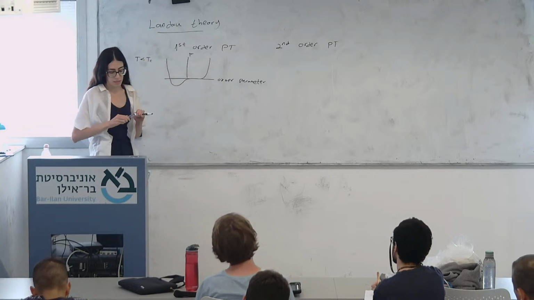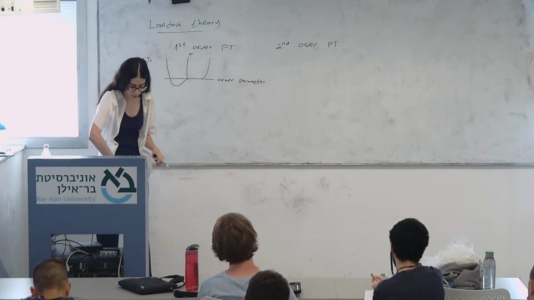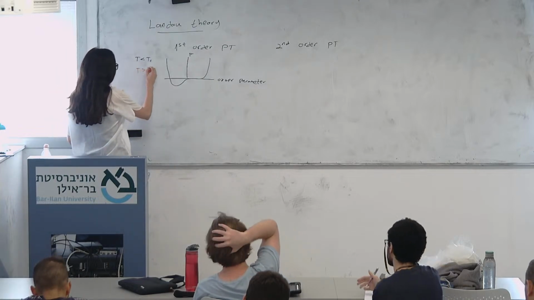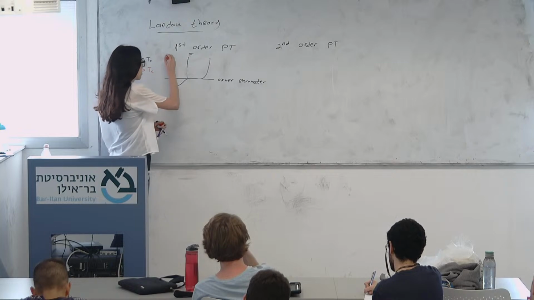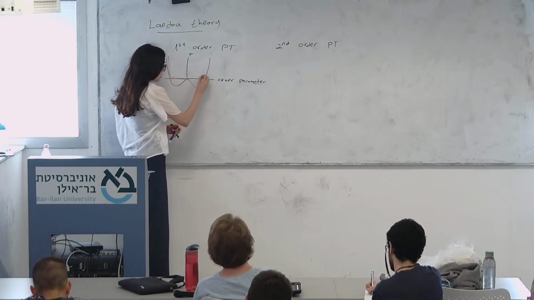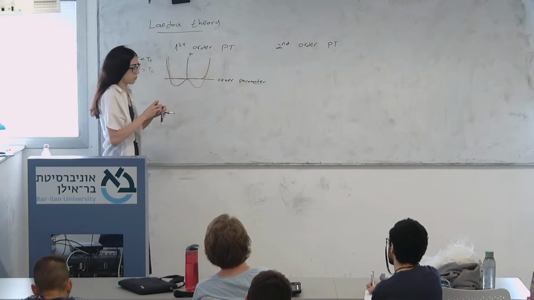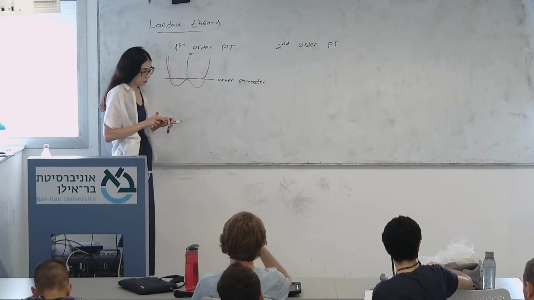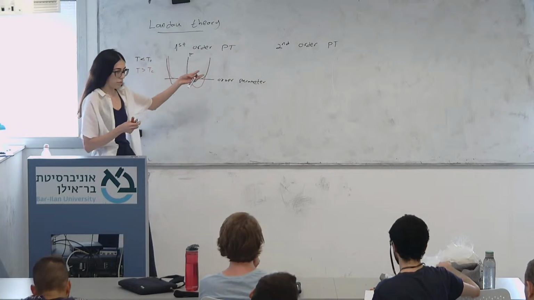Then you start to increase the temperature, and you go to T larger than the critical temperature, and then it becomes flat with another minimum. So you just go from one minimum to another. This is like water, ice.